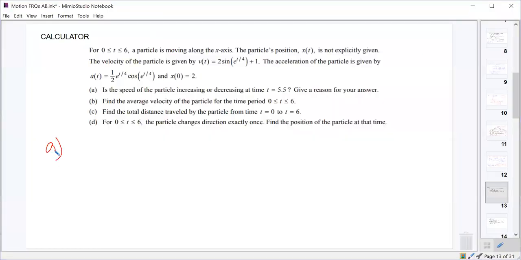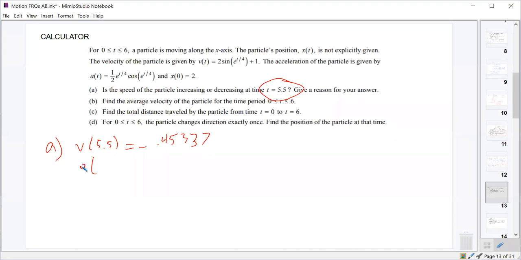Part A. We want to know, is the speed increasing or decreasing? So we have to determine the velocity and the acceleration at 5.5. Luckily, they give us both of those. So we just need to find v at 5.5, which came out to be negative 4.5337, something like that.